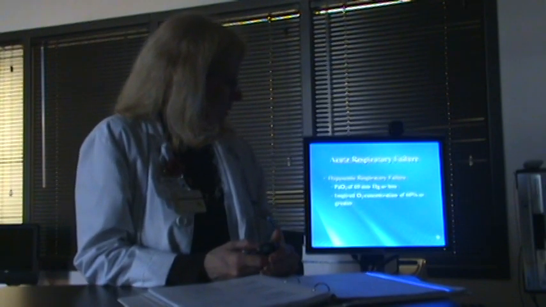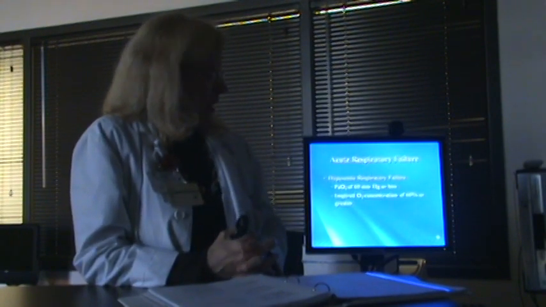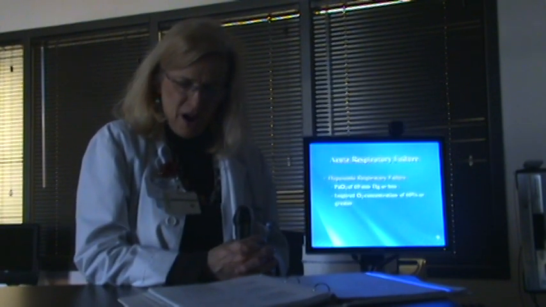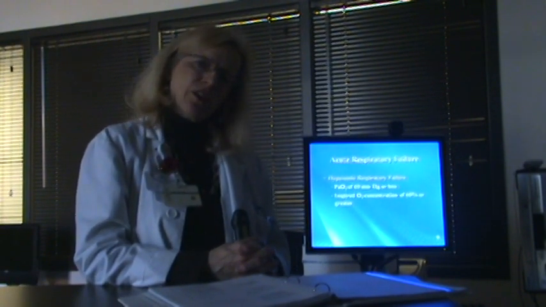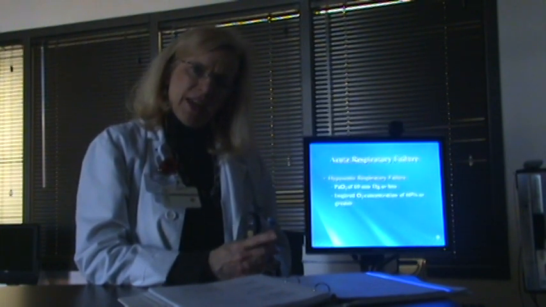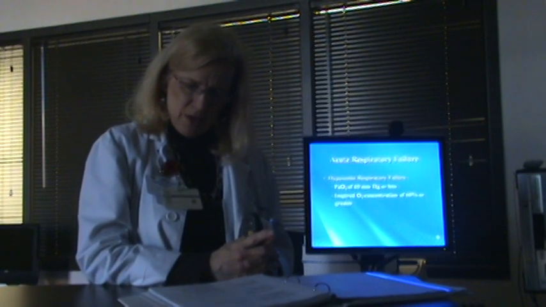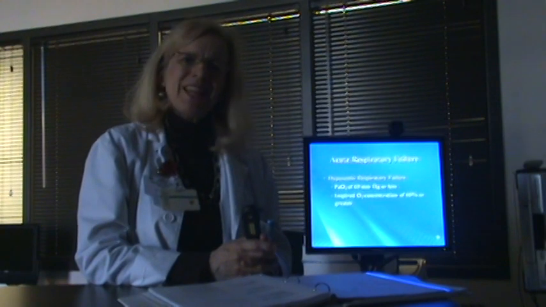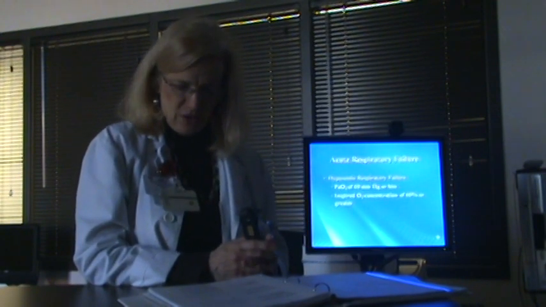Now we'll look at hypoxemic respiratory failure. In hypoxemic respiratory failure, the primary problem is oxygenation failure, an inadequate transfer of oxygen between the alveoli and the capillary bed. 2 main concepts here. The PaO2 is at a level that indicates an inadequate oxygen saturation.